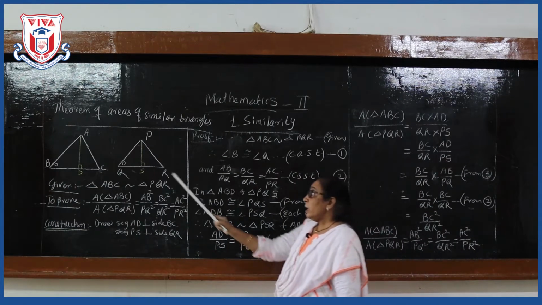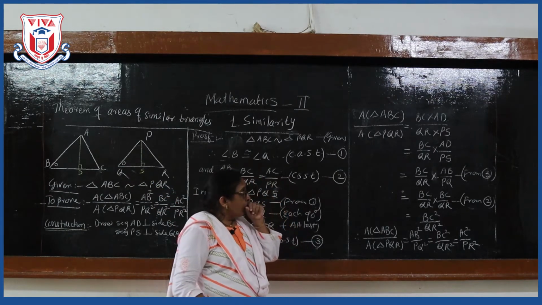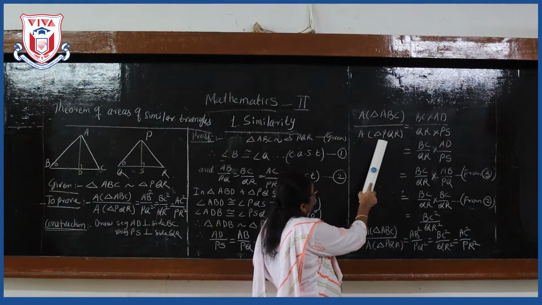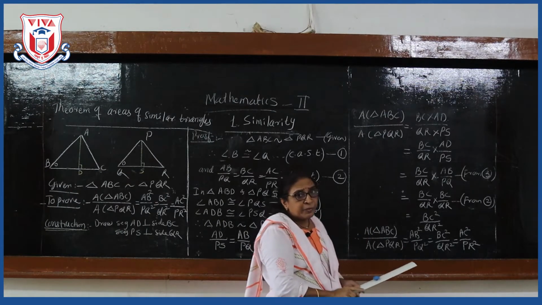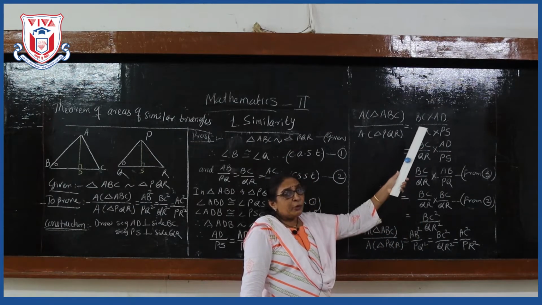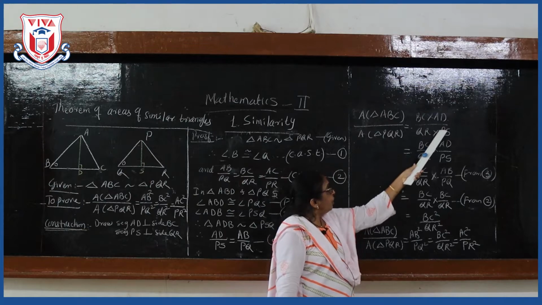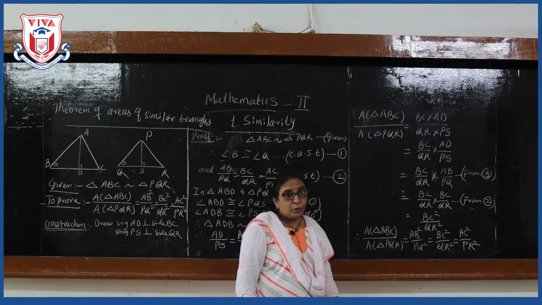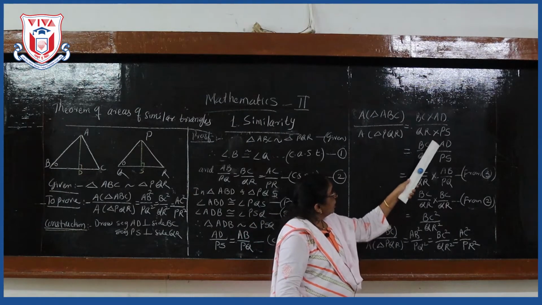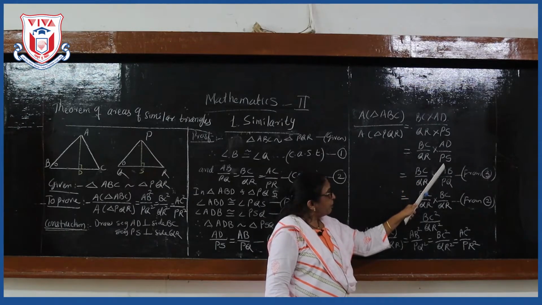Now let us see the ratio of areas of these two triangles. Area of triangle ABC upon area of triangle PQR will be equal to what? Product of their base and corresponding heights, means BC into AD upon QR into PS. First we'll separate it out as BC upon QR into AD upon PS.